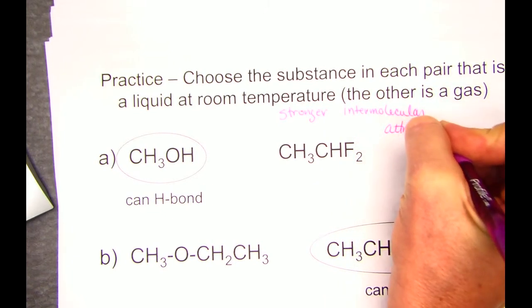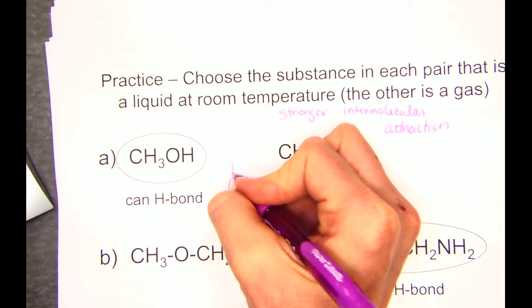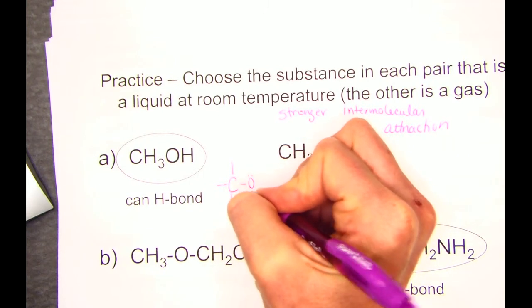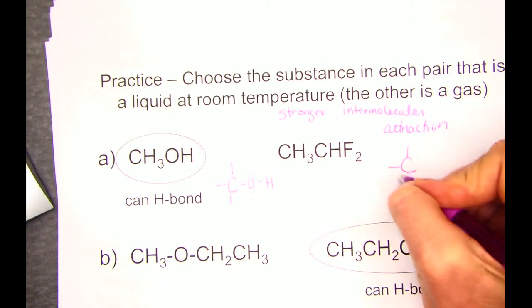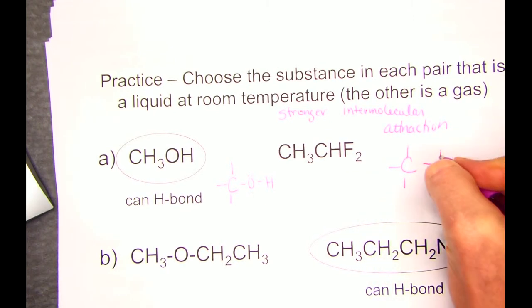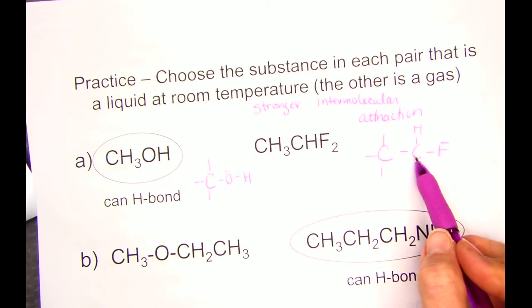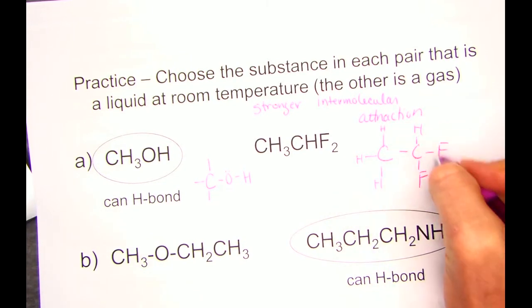Here I'm seeing methanol, CH3OH, where the carbon has a single bond to each of those hydrogens and then an oxygen hydrogen. Here, I have carbon attached to a carbon, giving us a structure that looks like this. Carbon, single bond carbon, where the hydrogens are coming off of each carbon here, and then 2 fluorines here.